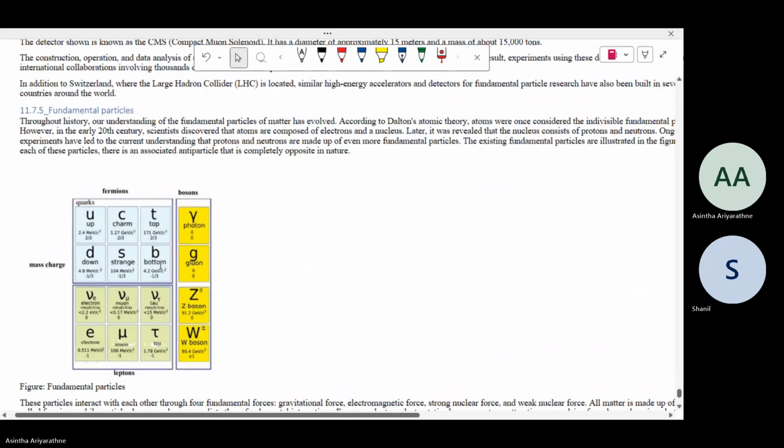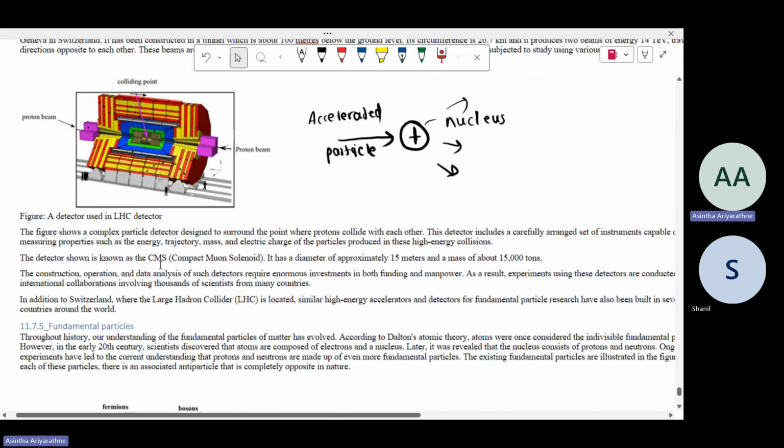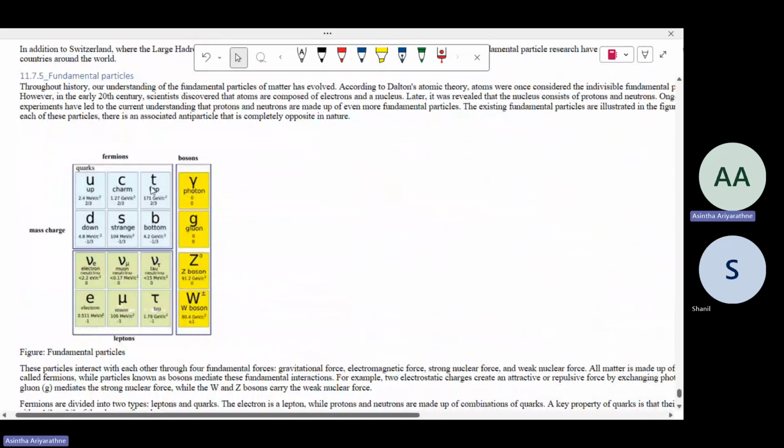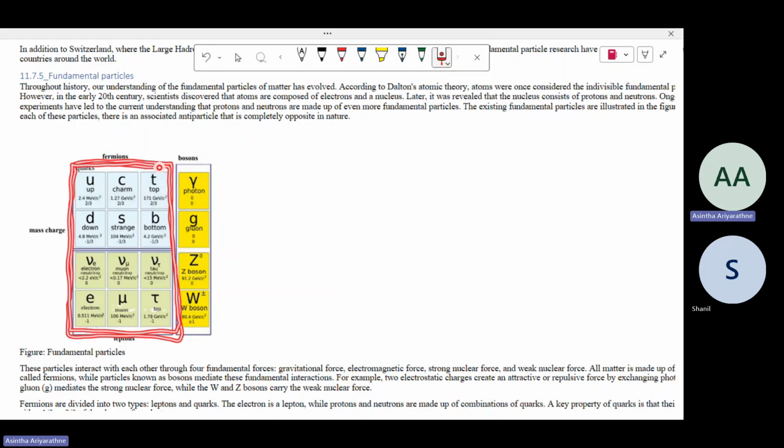After this experiment, scientists found there are mainly two types of fundamental particles: fermions and bosons. All the living things or non-living things, all objects, are made of fermions.